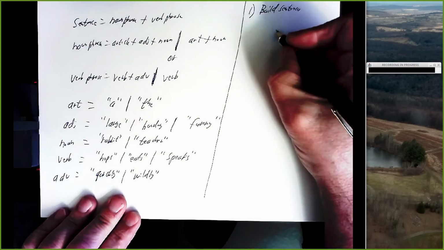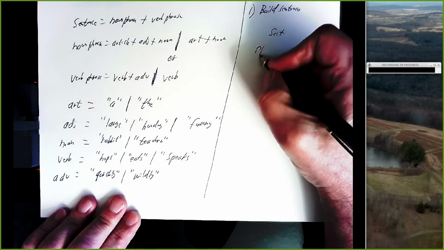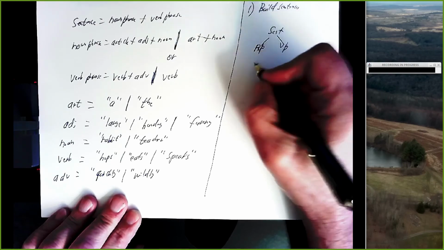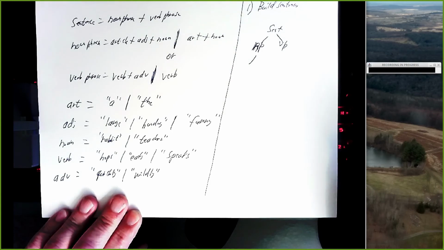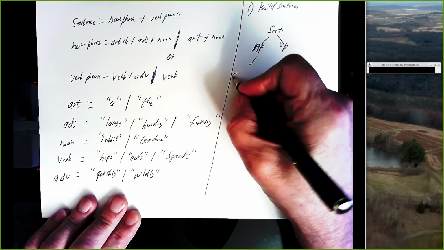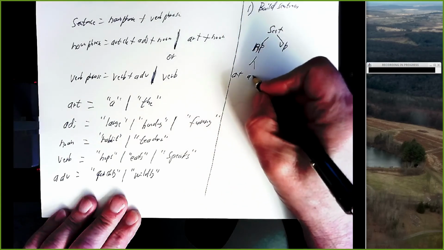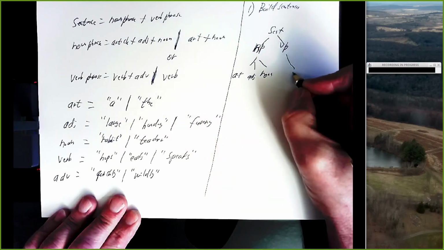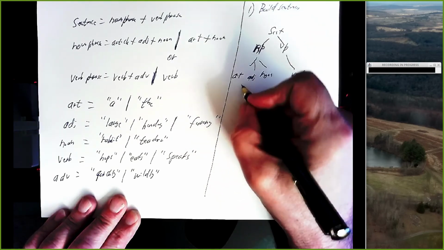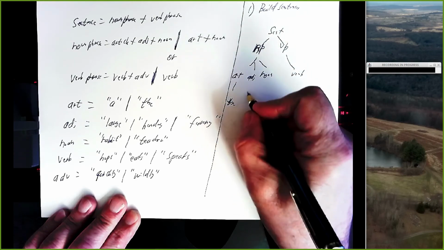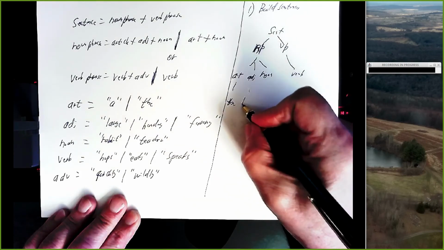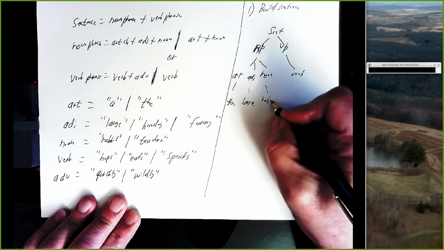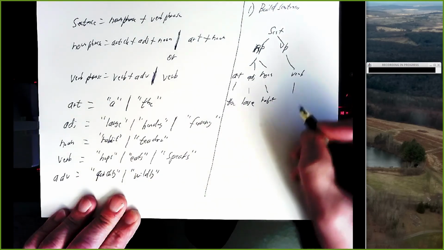So we can say, a sentence is a noun phrase followed by a verb phrase, and a noun phrase could be an article followed by an adjective followed by a noun, and a verb phrase might just be a verb, and an article could be the, and an adjective could be large, and the noun could be rabbit, and the verb could be speaks.